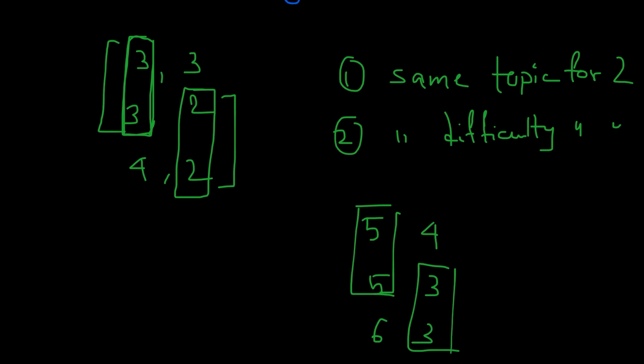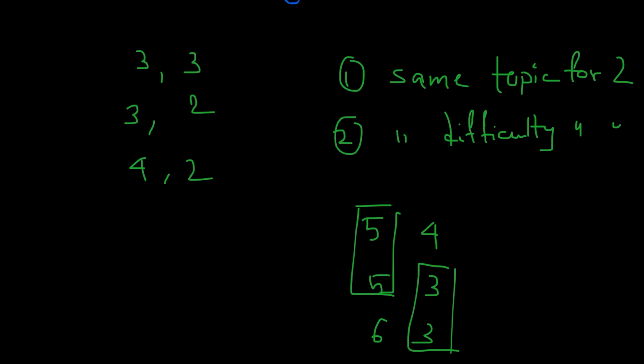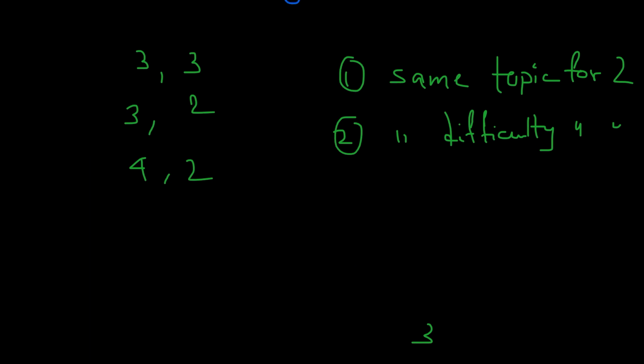The first map will count the topic, that is, how many problems there are that have three as their topic. So in one map, let's say the first map is MP1, I will see how many problems have the topic three.